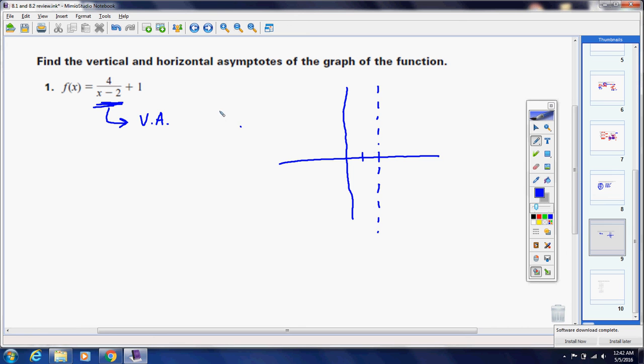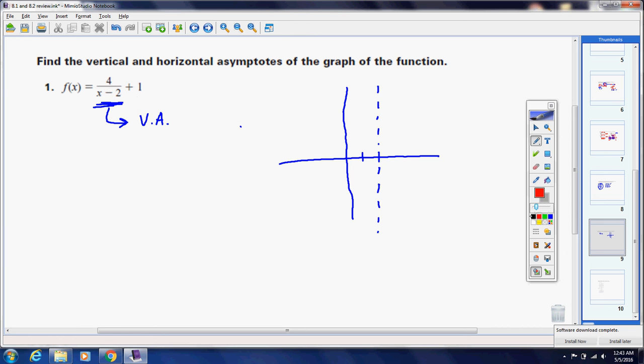And then the horizontal asymptote. As x gets very, very large, whether it's negative large or positive large, this is just a constant on top, and we're dividing it by a very, very large number. This is going to get closer and closer to 0. This portion of the equation is going to get closer and closer to 0.